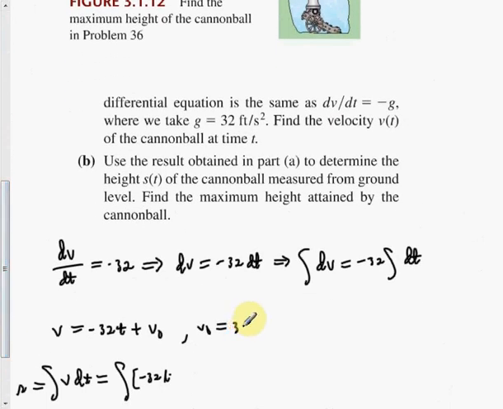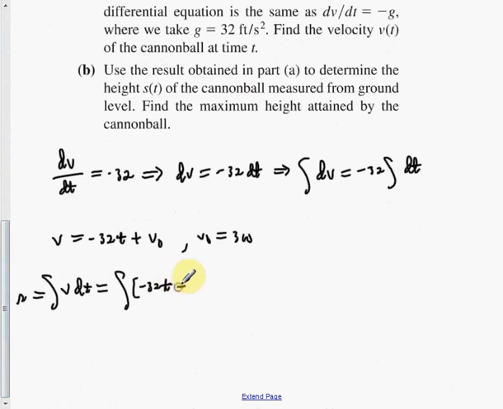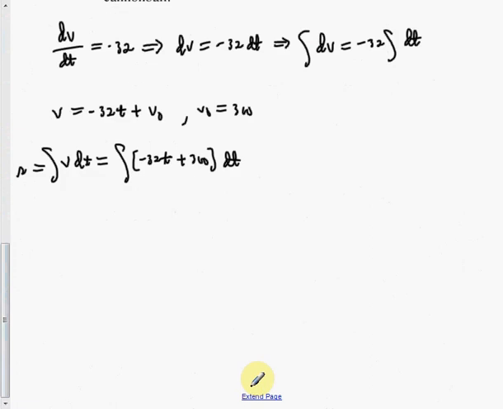So the initial velocity is 300. So here we have s equal to negative 16t squared plus 300t. It would be plus some constant, but the constant at the initial point is said to be at ground level. It's assumed. So here, c sub 1, if you will, would be 0.